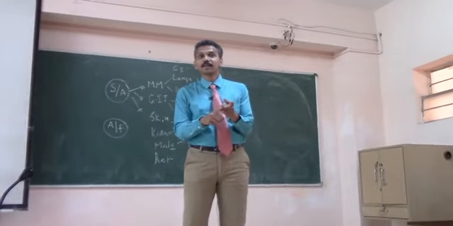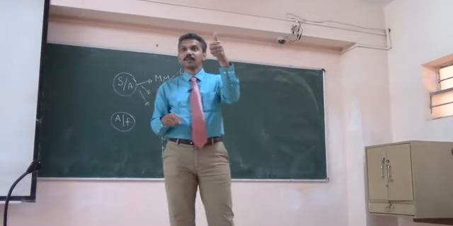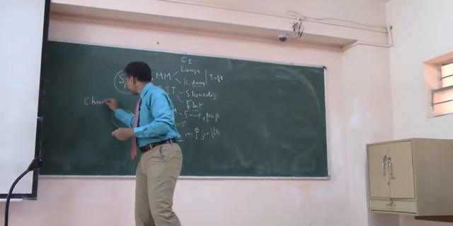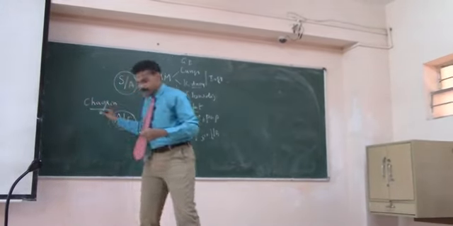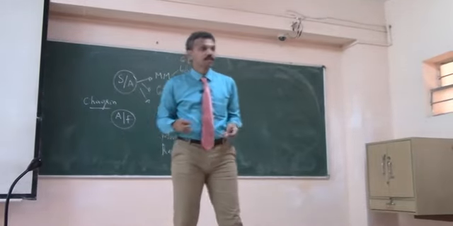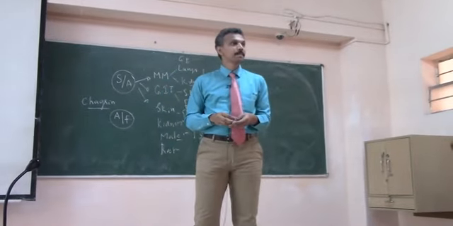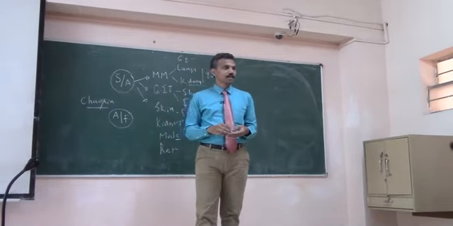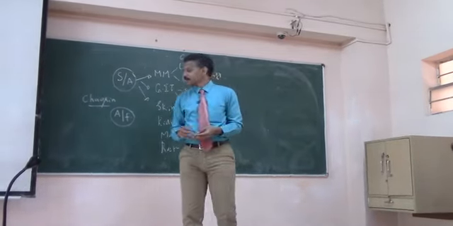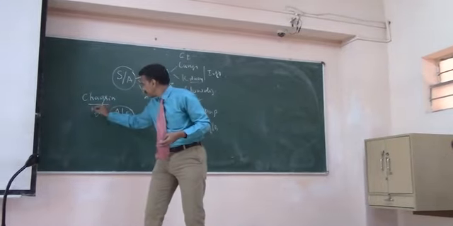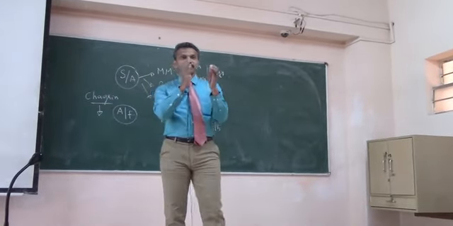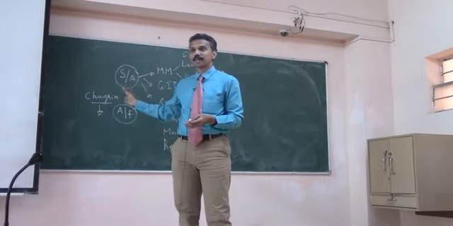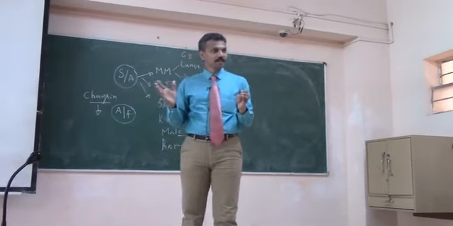Ailments from anger, ailments from grief, ailments from disappointment, and ailments from chagrin. What is chagrin? When disappointment is associated with anger, then it becomes chagrin. Displeasure.